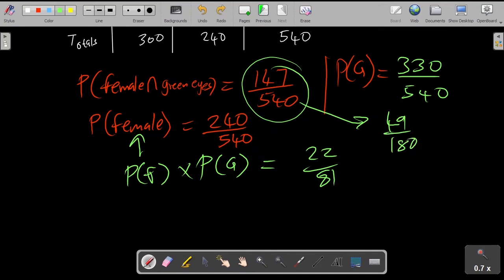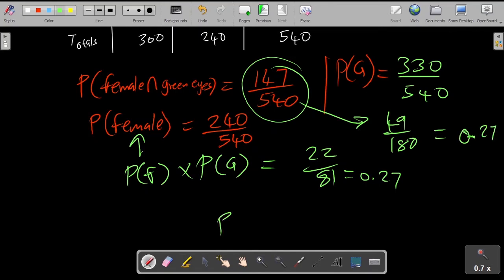This is what we get when we multiply the two. And here's the result of the previous one if we simplify it. Now, if you convert these two into decimals, then that is where we can make the comparison. This is 0.27, and the other one is 0.27 as well. So the results are the same.